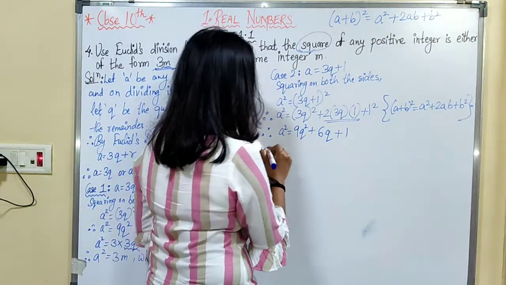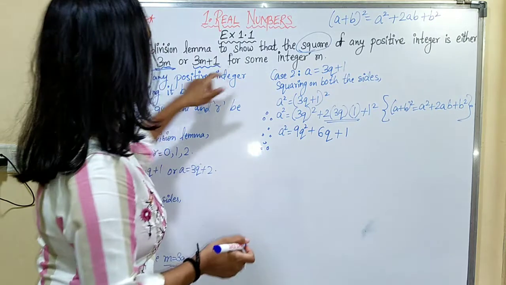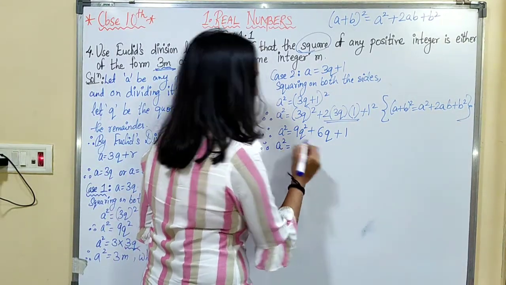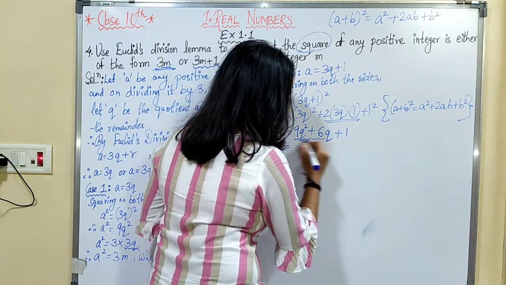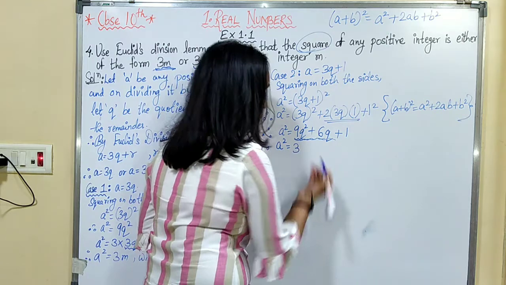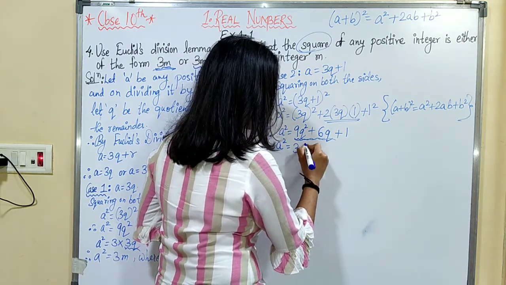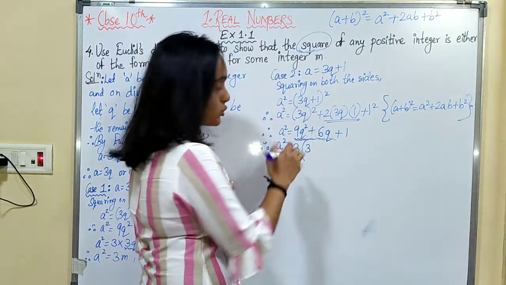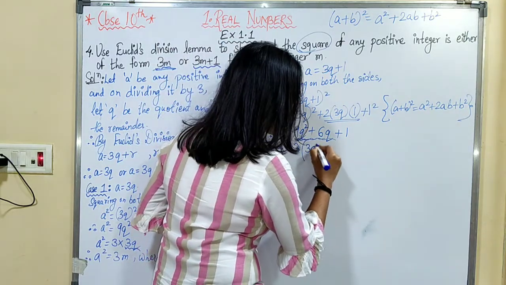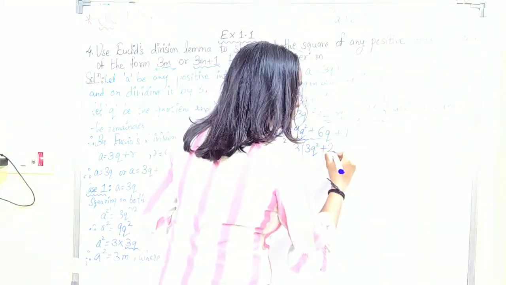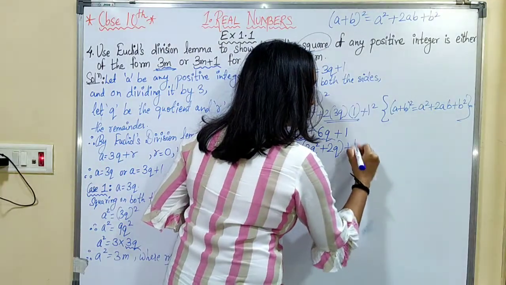Now to make it like this, 3m plus 1, we can take 3 common from both these terms. So if we take 3 common, you will get here 9 divided by 3 is 3, so 3q square, plus 6 divided by 3 is 2, so 2q, plus 1.